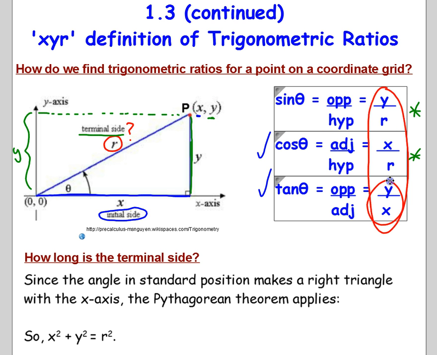Now, you're not responsible for ratios outside of 180 degrees, but it gives you a little bit of an idea of how you could handle trig ratios for any angle on the coordinate grid between 0 and 360. Okay? All right, so that's the explanation for the tangent relationship.